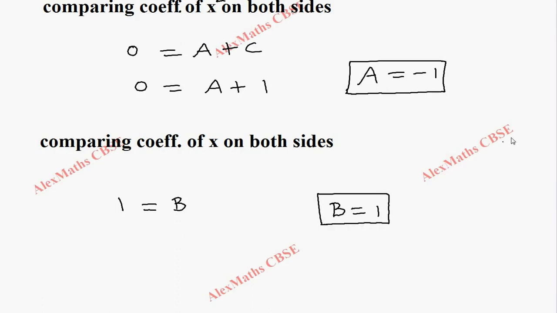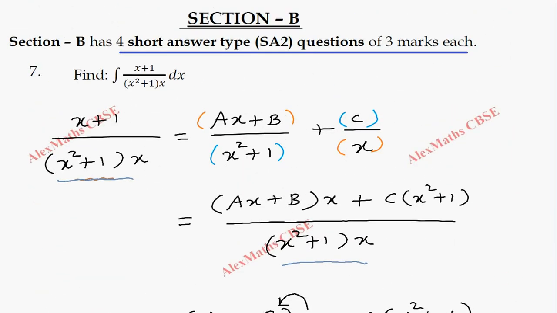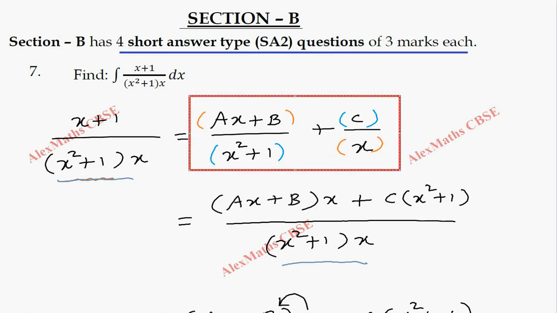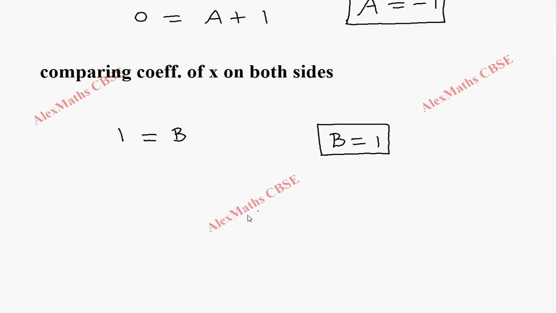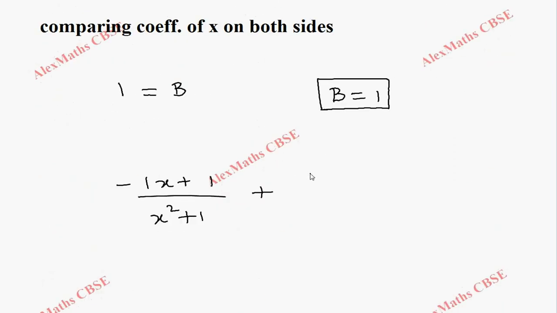After getting the values of a, b and c, we have to substitute them in the place where we applied the partial fraction rule, that is ax plus b by x square plus 1. So this is minus 1x plus 1 by x square plus 1, and the value of c is 1, so 1 by x, and we have to take the integral and dx.